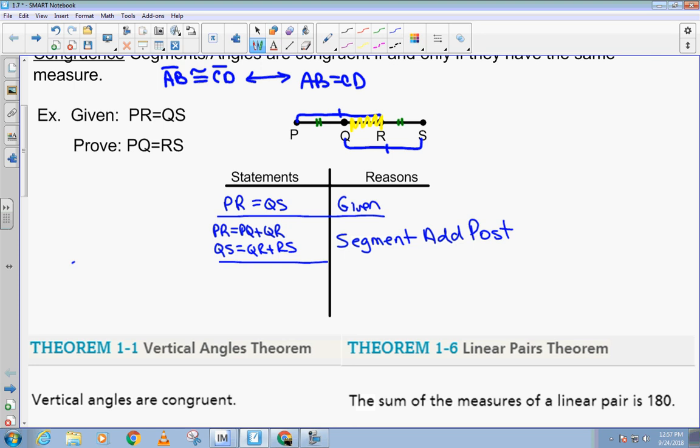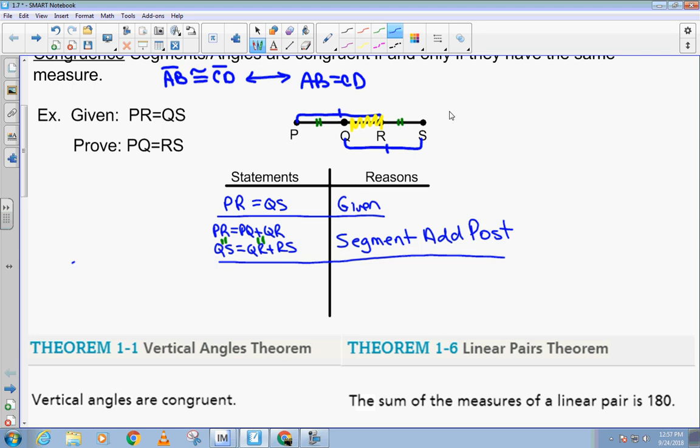Alright, now, what we're going to do is we notice that PR and QS are equal to each other. See how these two little pieces right here are equal to each other? If these two are equal to each other, then the sum of their parts are going to be equal to each other, yes? It's like taking this PQ plus QR and replacing the PR with it. It's taking the QR plus RS and replacing the QS with it.